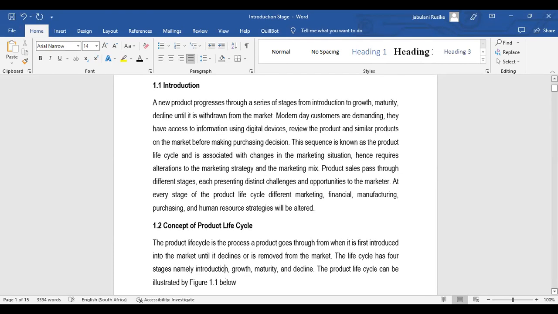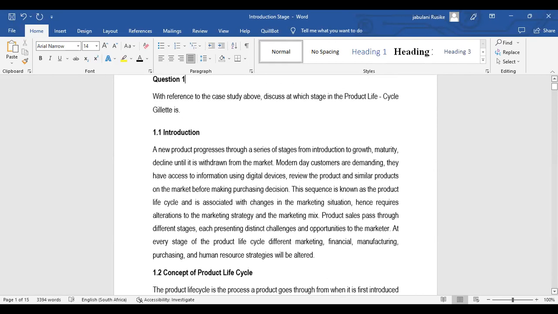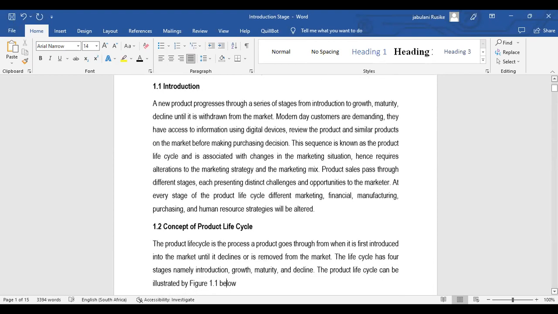So here you see my numbering: I've got my question 1, and then my introduction will start at 1.1. If it's an assignment, then you should ensure that you reference whatever you write that is not yours. In this case, I didn't reference anything. We just use this as a baseline for answering our question.